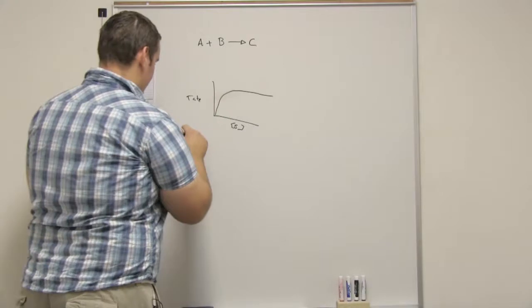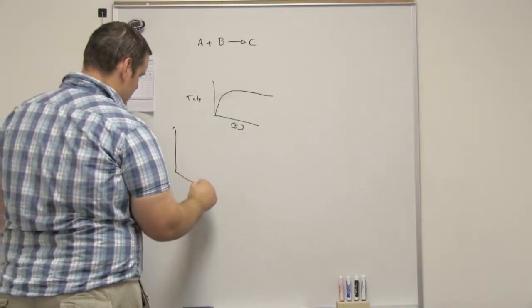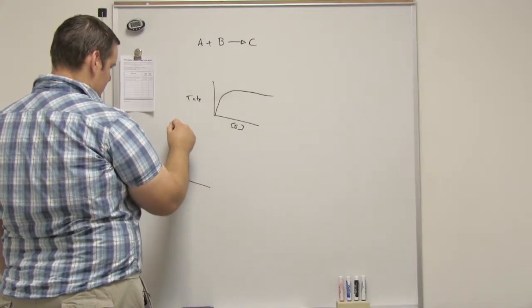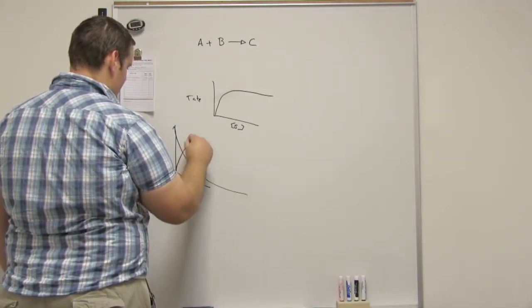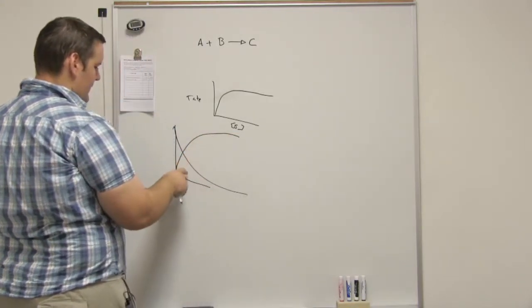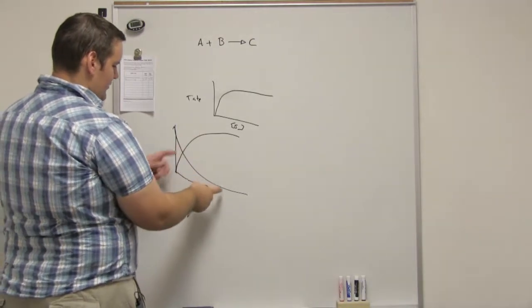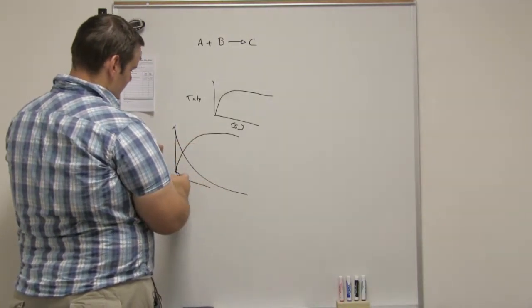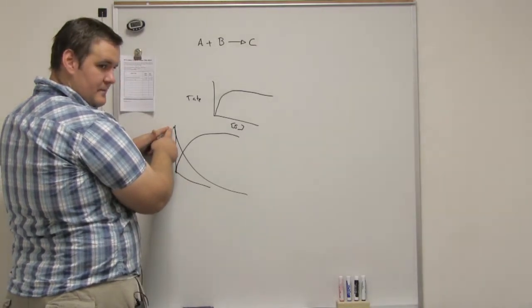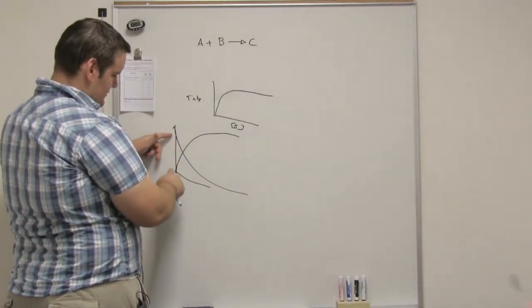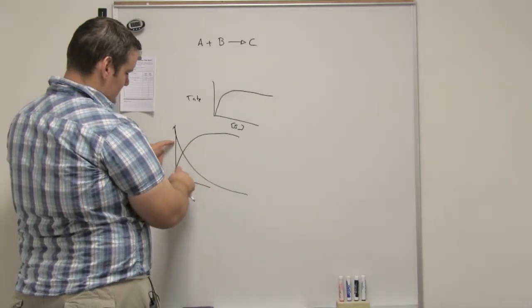Has he drawn this whole thing yet? Like this is your amount of reactant. This is your amount of product. No. This is your amount of enzyme here. And then this is your substrate. Yeah, this is enzyme.